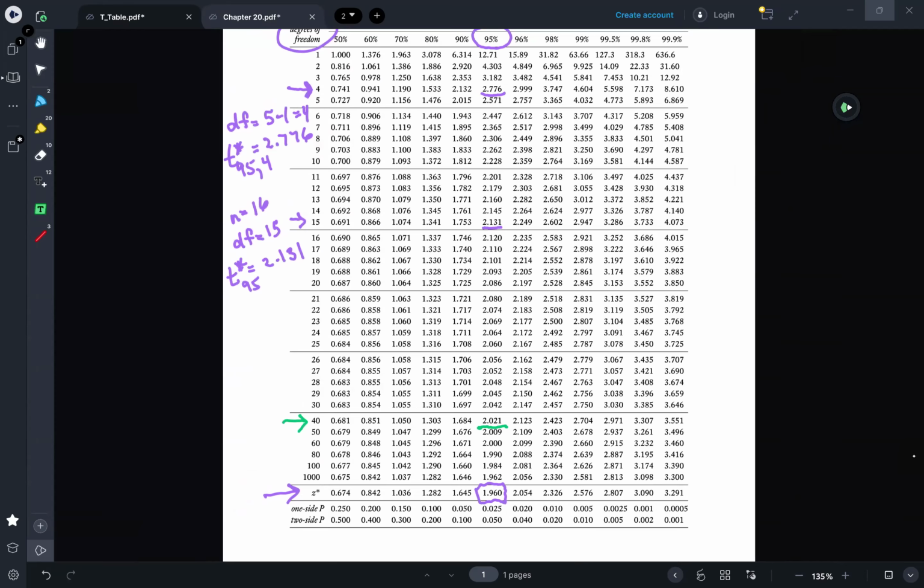These were 95% confidence intervals, correct? The question asked for 95. So 95 would be this column on 40 degrees of freedom, which gives us that T, 2.021.